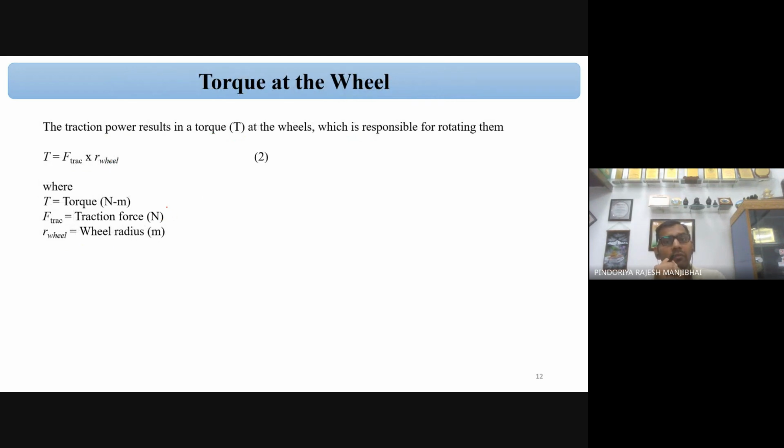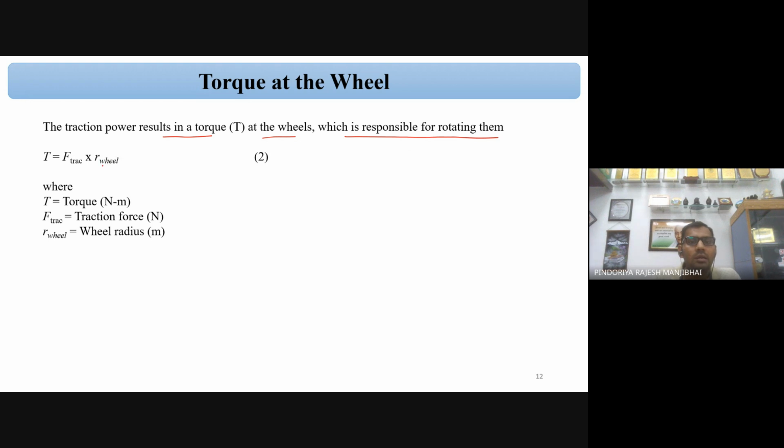Now, torque at the wheel. How much torque can we get at the wheel, or how can we calculate the torque for the wheel? Traction power results in torque, correct? Whatever power we give to the motor is ultimately converted into torque at the wheel, which is responsible for rotating it. That's why we can rotate the wheel and move in the forward direction as well as the reverse direction.